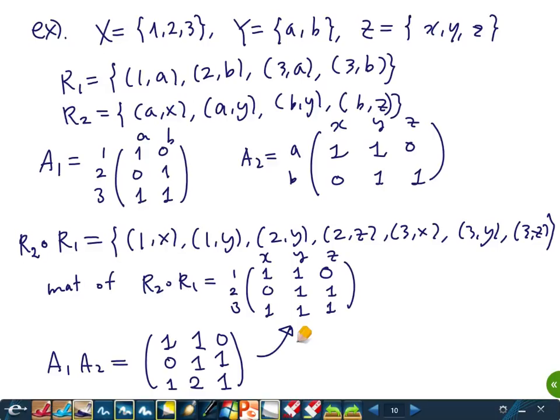Do you see why? The secret is... okay. Let me illustrate how this works. The setting here is that R1 is a relation from x to y.